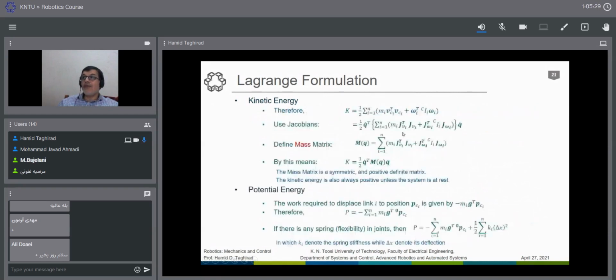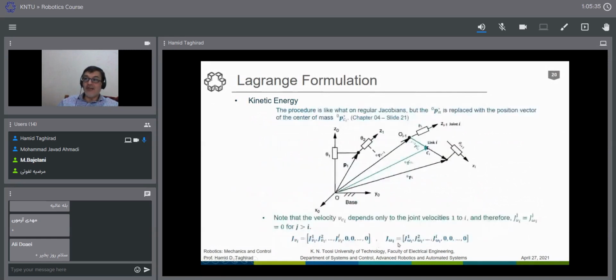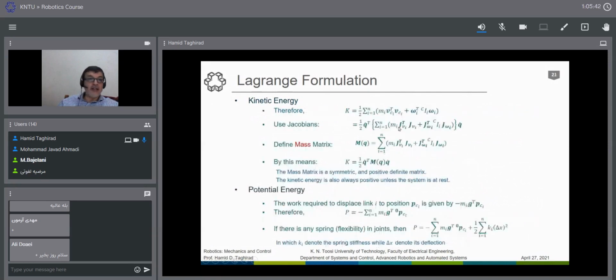Now, if you have the Jacobians found, the JVI and J omega I, the 6 by 6 or n by n Jacobians, then the kinetic energy can be found in a general way.